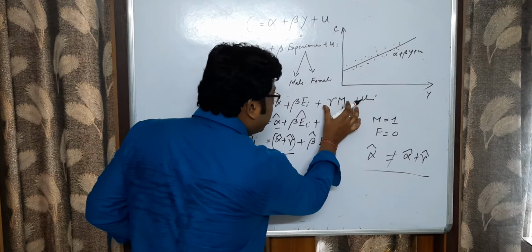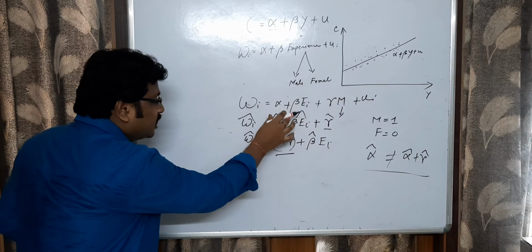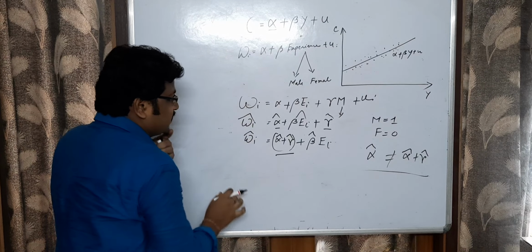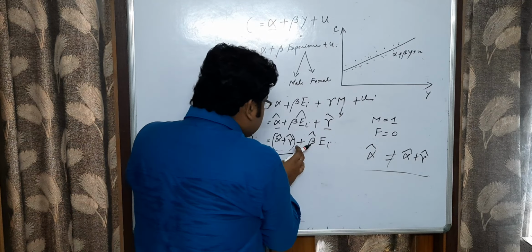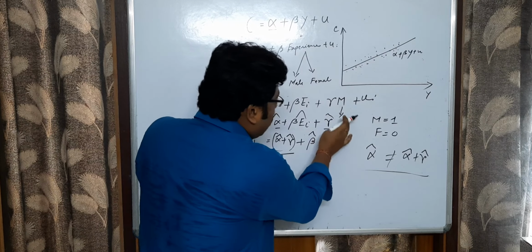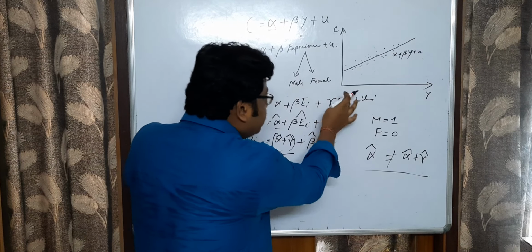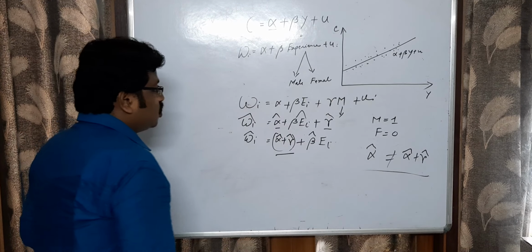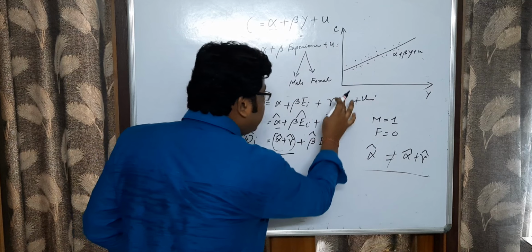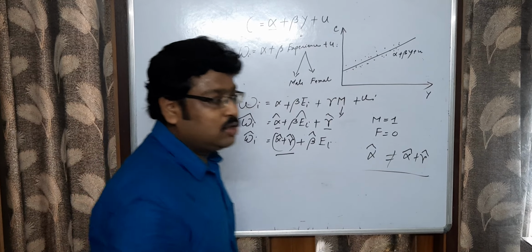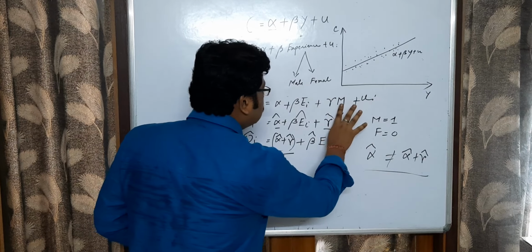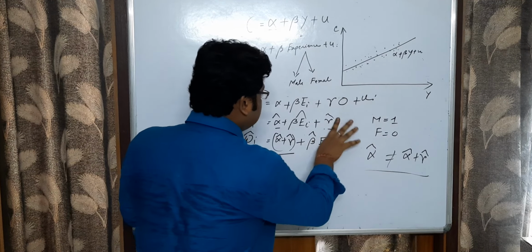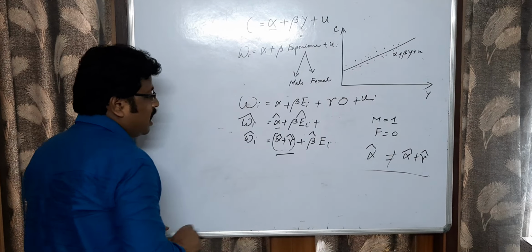Why? Because the persons who are getting wages, the wage differs because the person is a male candidate. If it is female, then it will be 0. So it will be 0 here, and this part will not be there.